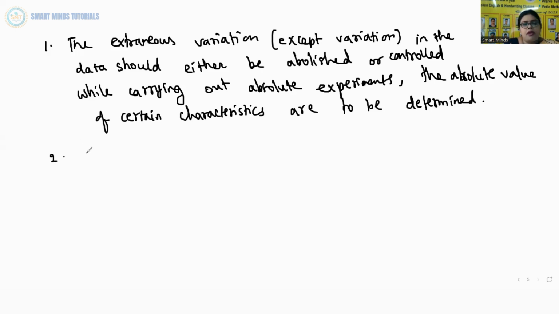Then the second point which you need to remember is a right type of design must be selected.